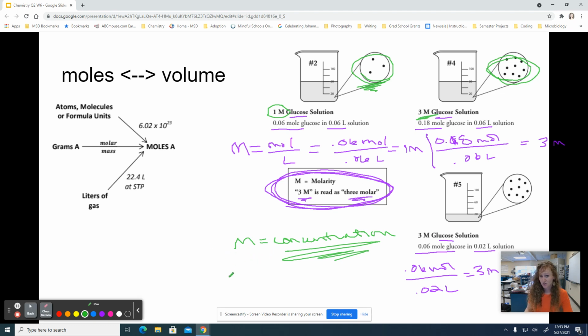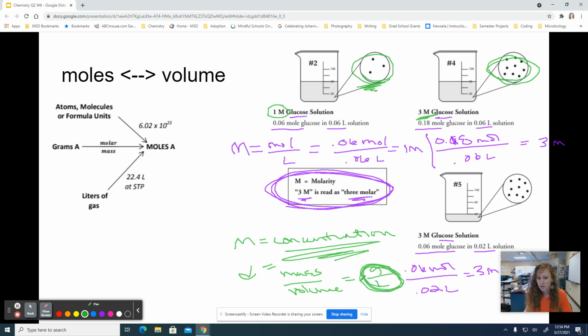Now we've dealt with concentration before. We've dealt with concentration in terms of density. Density is also a way to measure concentration. Now, do you remember how to calculate density? So density is mass per volume or grams per liter. Notice that it's really similar.